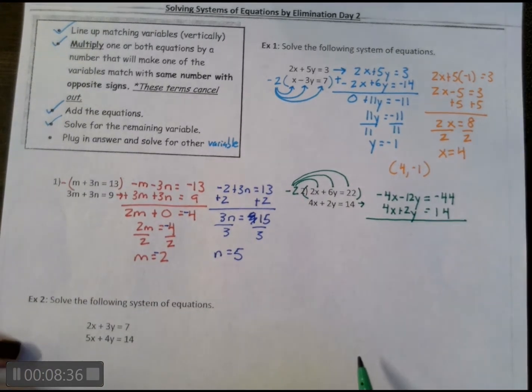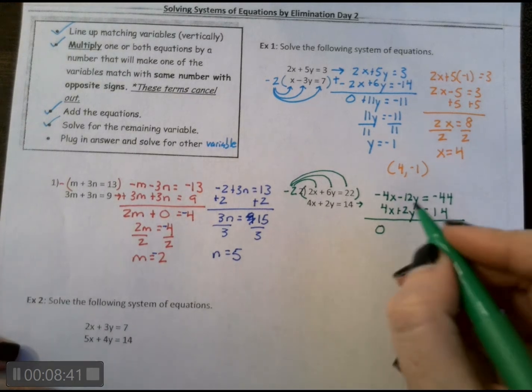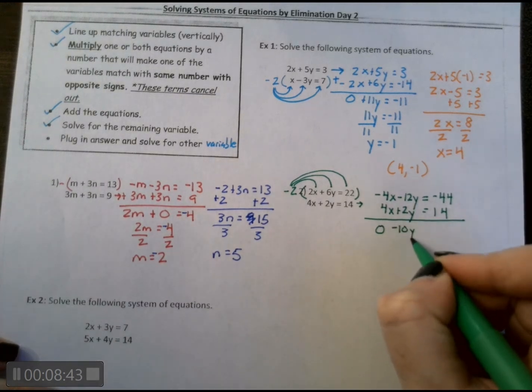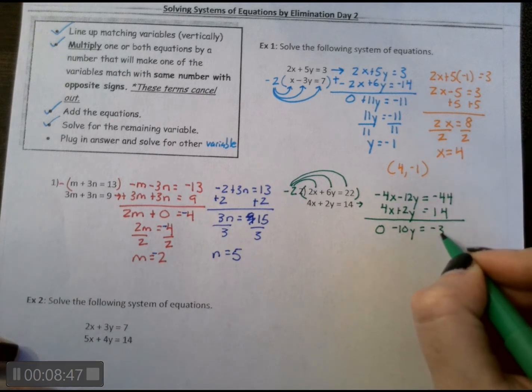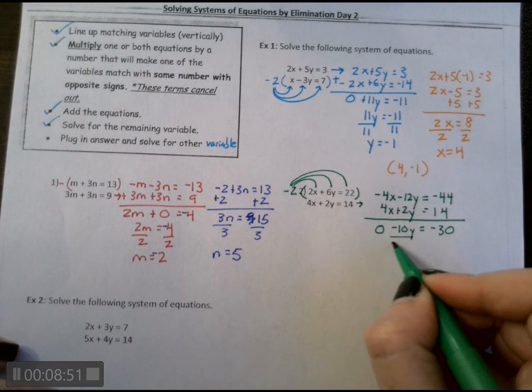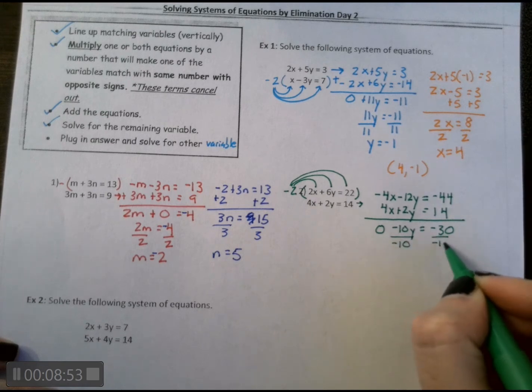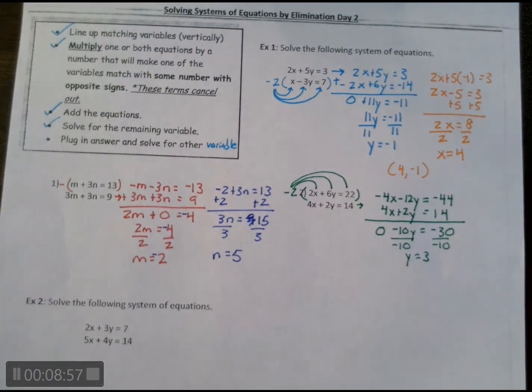So negative 4x plus 4x gives me 0. Negative 12y plus 2y will give me negative 10y. Negative 44 plus 14 is going to give me negative 30. We divide both sides by negative 10, so that y equals 3.